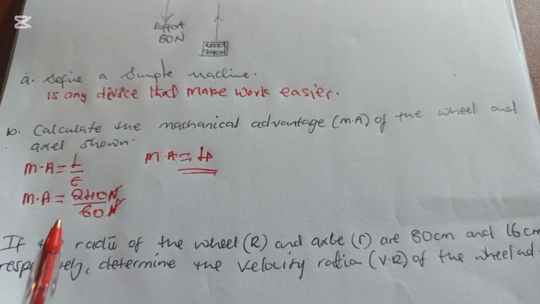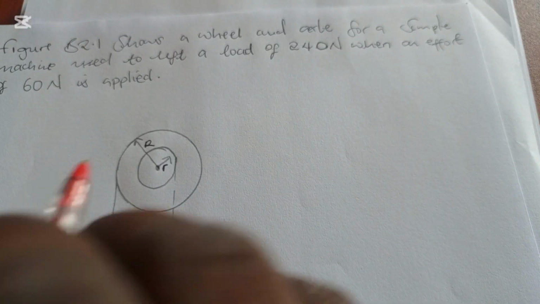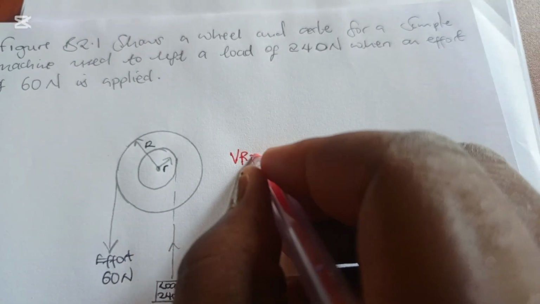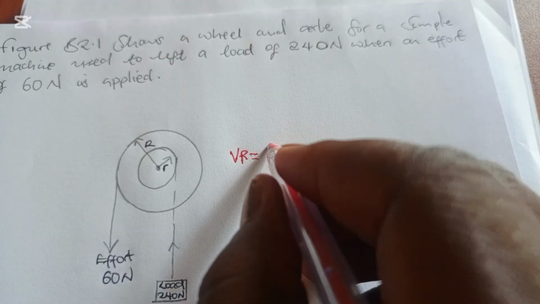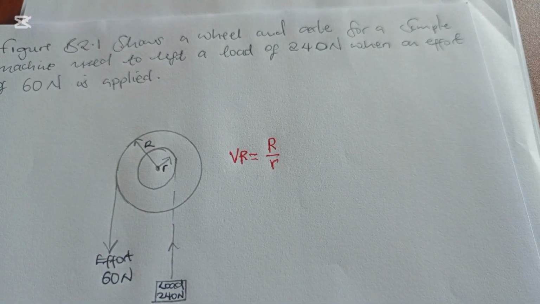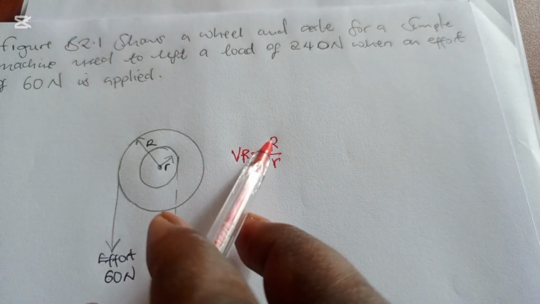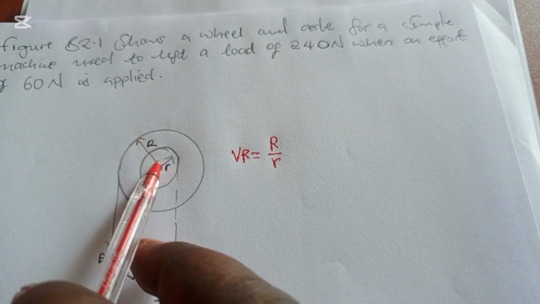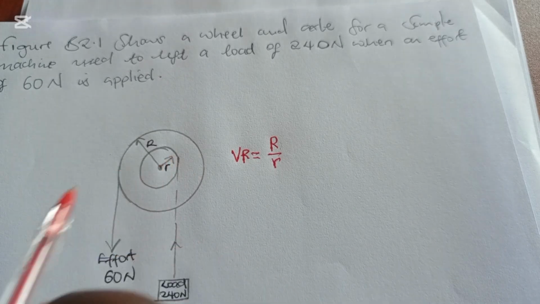If this type of question is given, we need to know that for the wheel and the axle, VR is equal to big radius R over the small r. So this is the formula for velocity ratio. So you divide the radius of the big wheel over the radius of the small one.